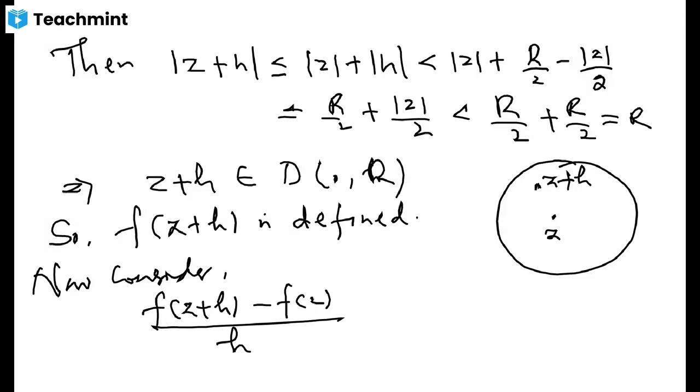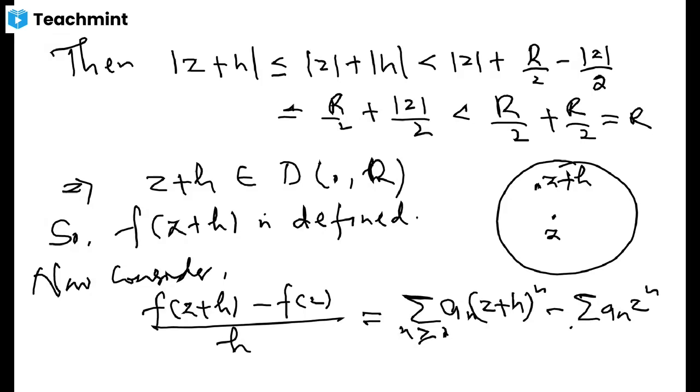So apply the power series. You can write this power series over n greater than or equal to 0 of a_n times (z plus h) to the power n, minus the sum over n greater than or equal to 0 of a_n z to the power n, the whole upon h.